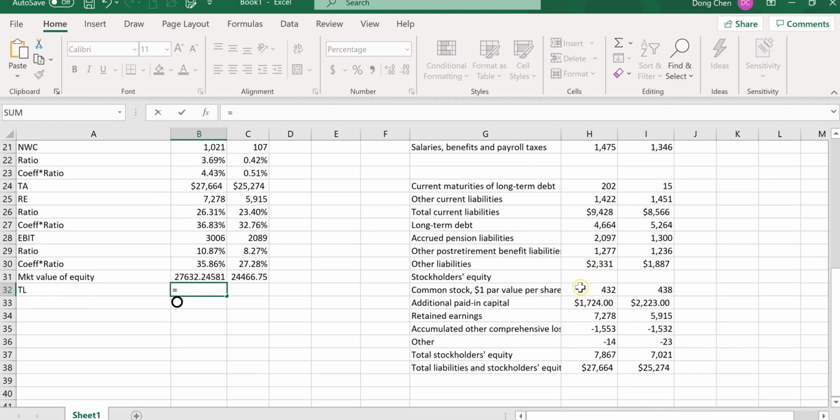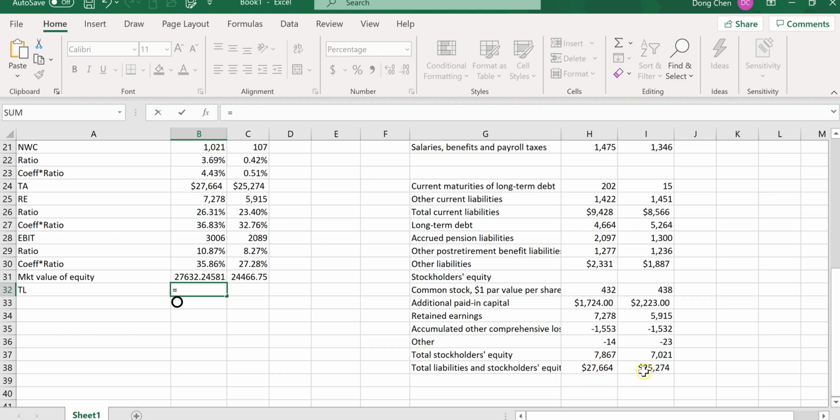That's fine. But another, maybe quicker, way to get the same number is simply to use the balance sheet identity, which means that total assets equals total liabilities plus total shareholders' equity. So to figure out total liabilities, we can just use the total assets, which is the same as total liabilities and shareholders' equity, and subtract the total shareholders' equity from that, and that's our total liability.